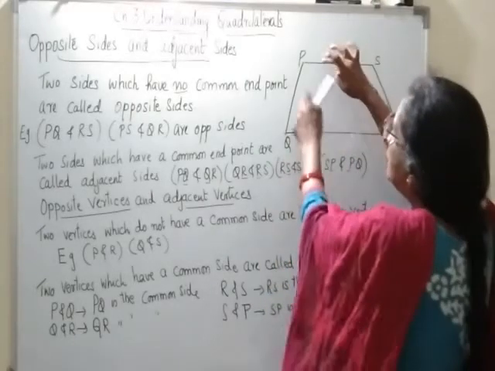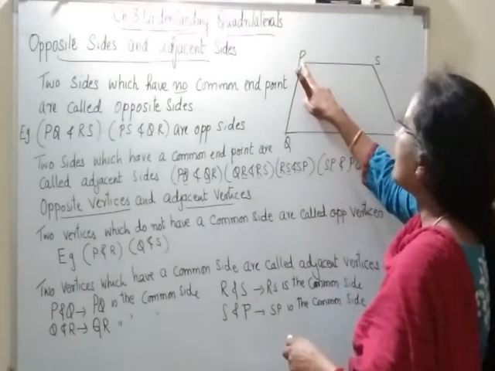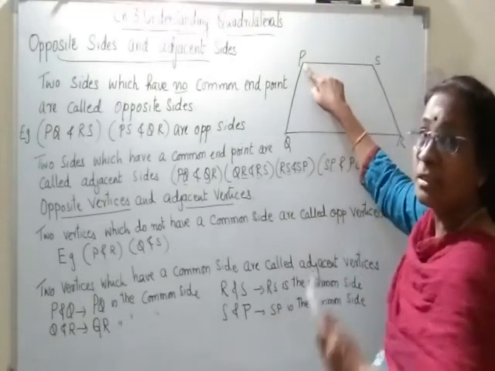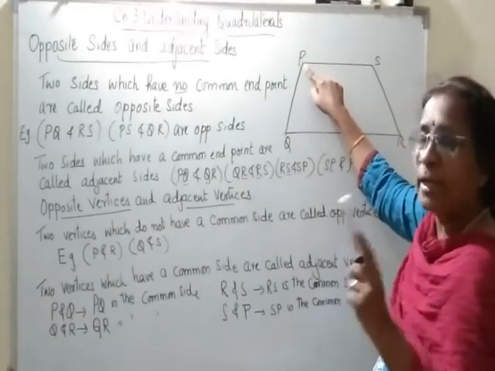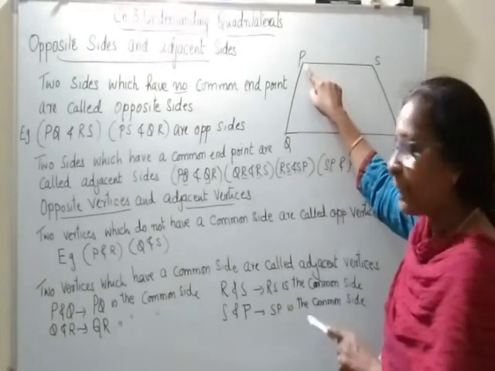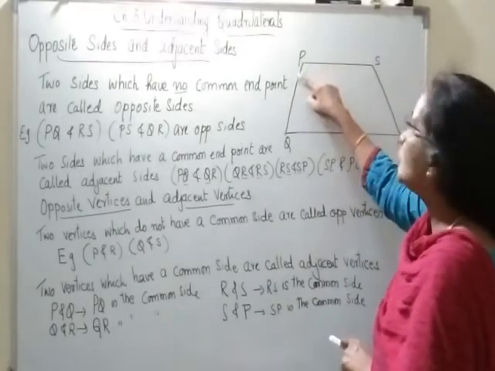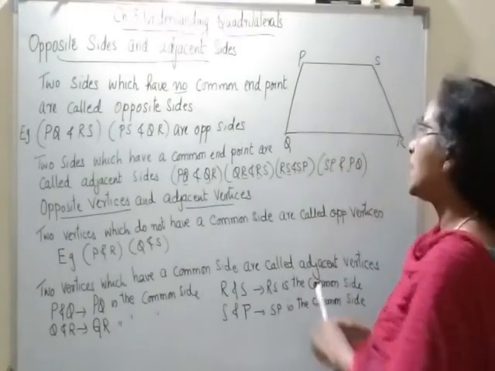You see here, this line segment starts from here and ends here. And this line segment starts from here and ends here. So, this is the end point of the line segments or end point of the sides. That is called vertex. So, this point is common for these 2 sides. So, these 2 sides are adjacent to each other.